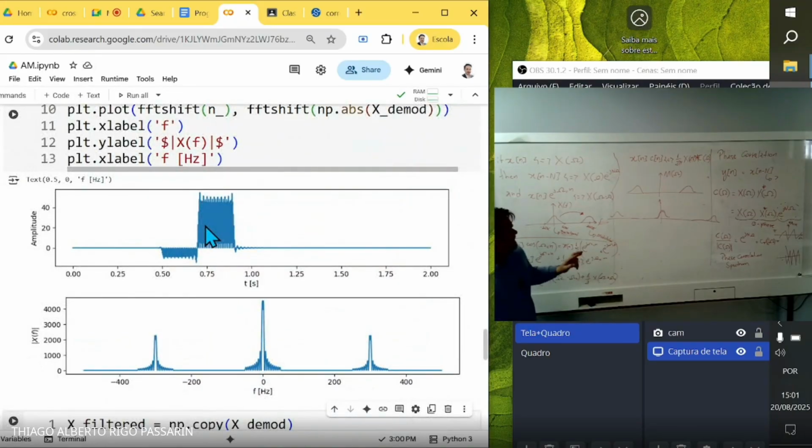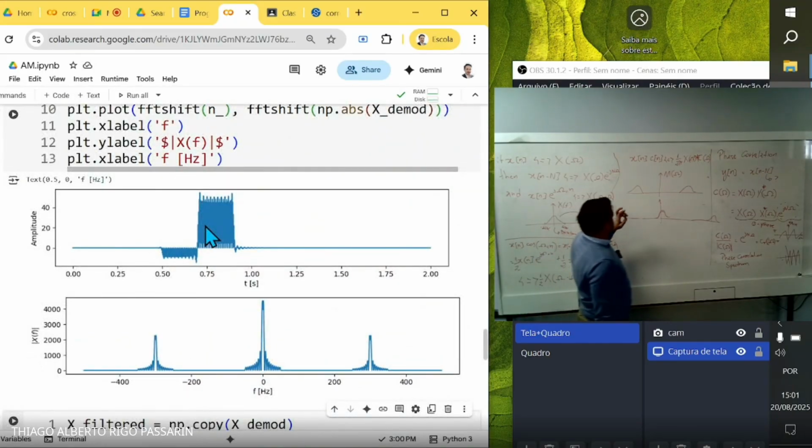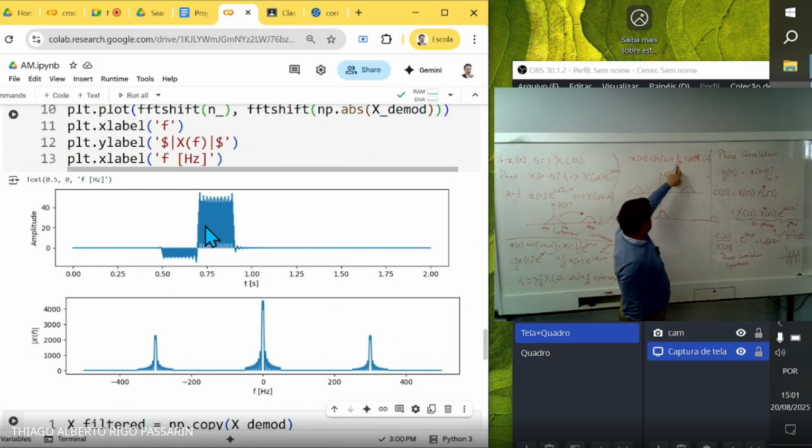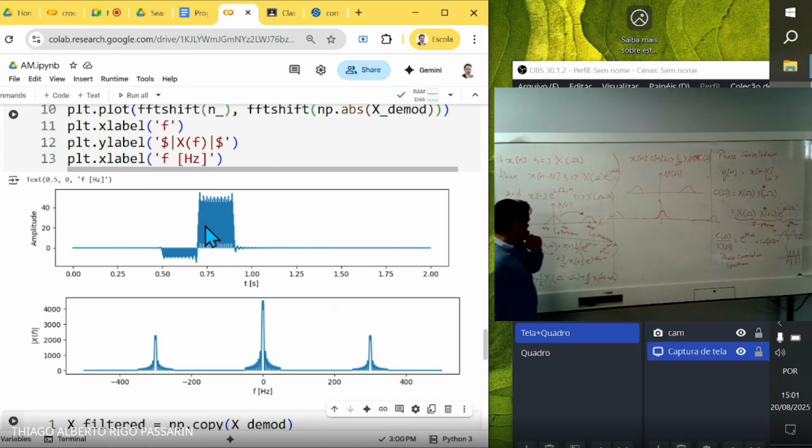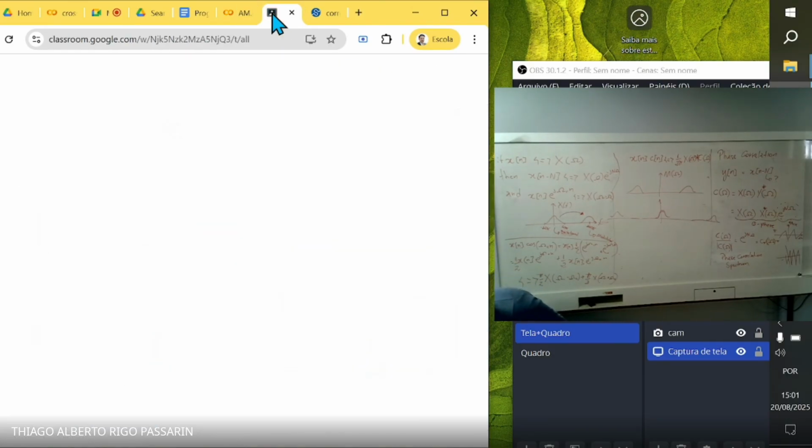Because there is this division by 2 pi here, while the transform of the cosine has pi in the equation. If we go to the table, we can see it.